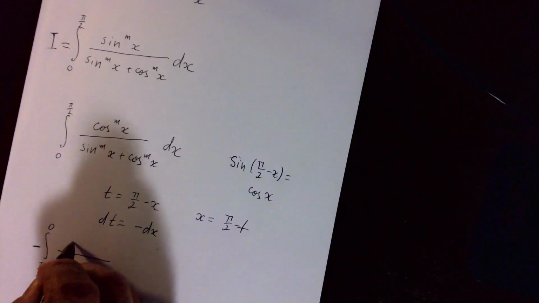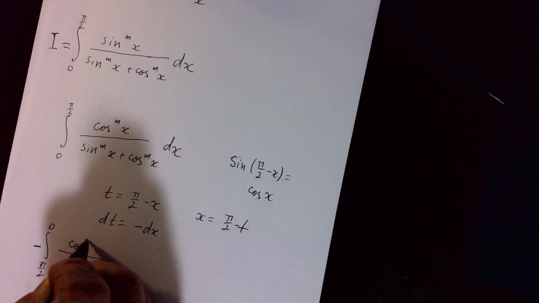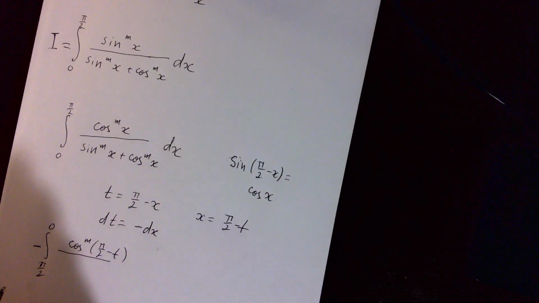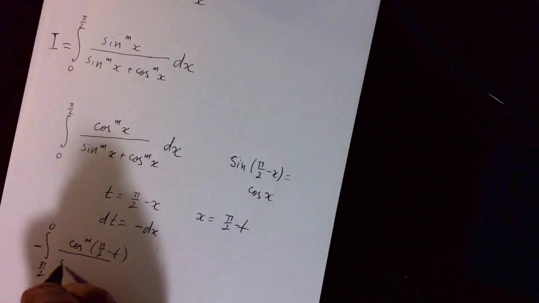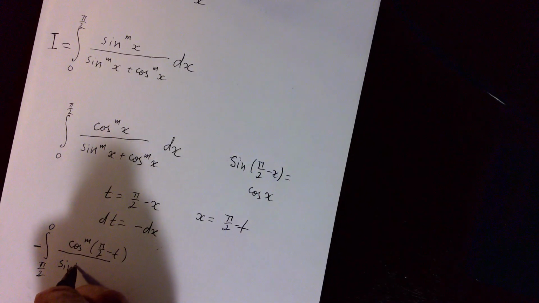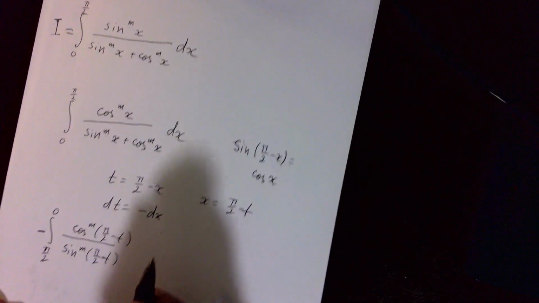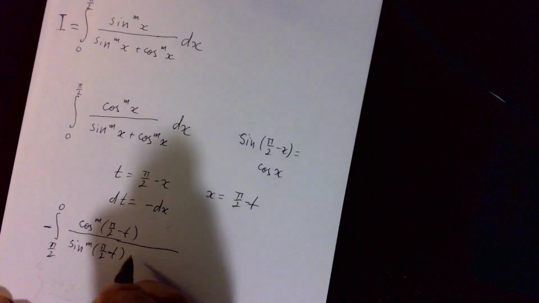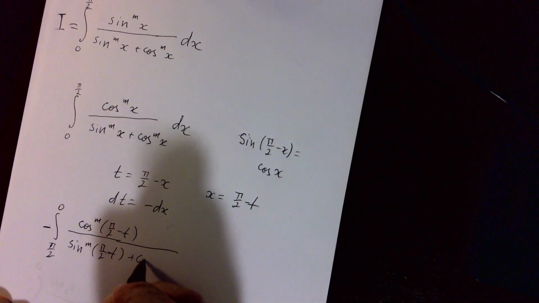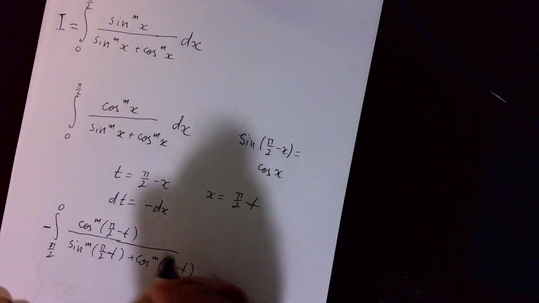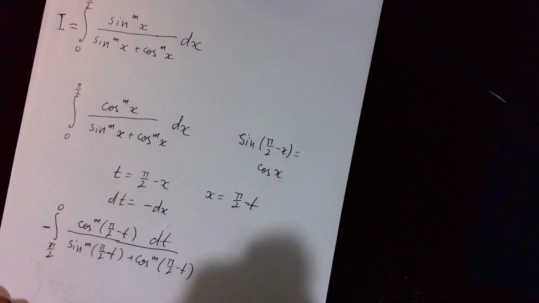I can write cosine to the power m of pi over 2 minus t, divided by sine to the power m of pi over 2 minus t plus cosine to the power m of pi over 2 minus t, dt.